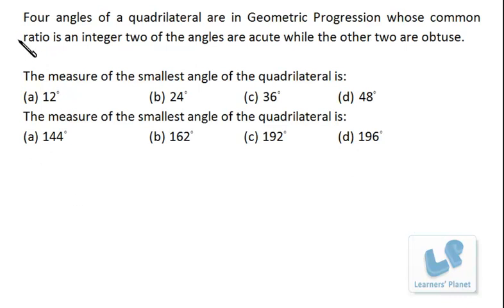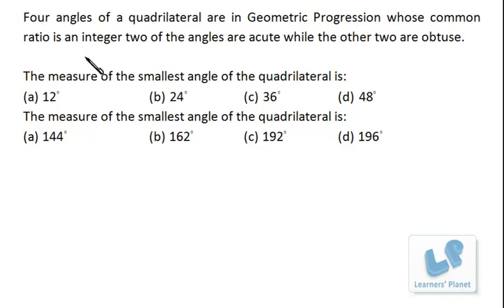Now let's try. With this particular information, we have to solve these two problems. In your examination, it is a matter of 8 marks. So let's try to solve both the problems simultaneously. Four angles of a quadrilateral are in geometric progression whose common ratio is an integer.